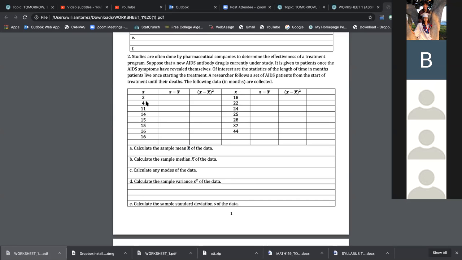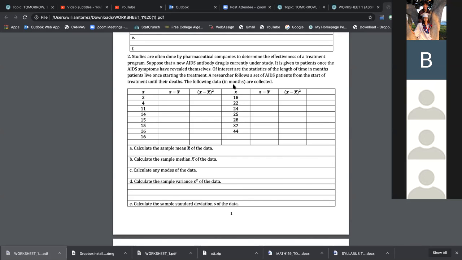If we add these and divide by 15, we would get our sample mean, X bar, and that in turn would serve as our estimate of the population mean number of months AIDS patients survive once the treatment starts.